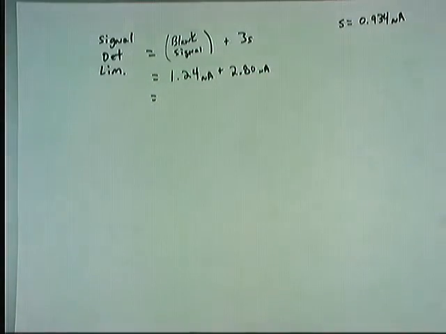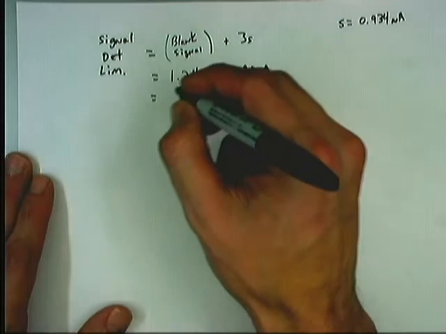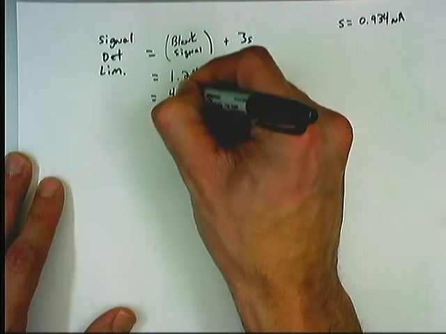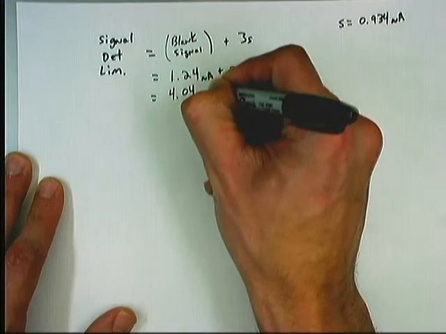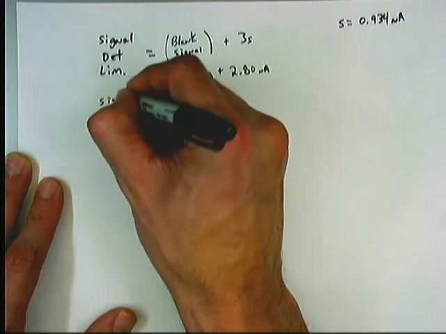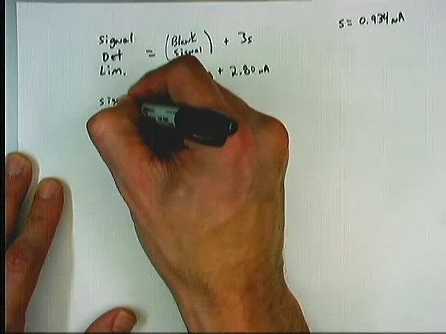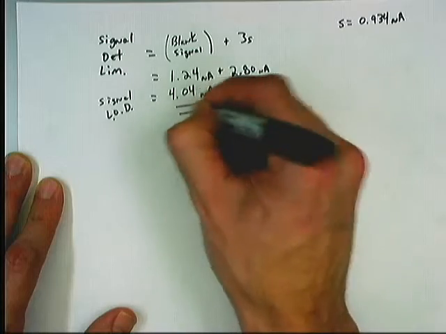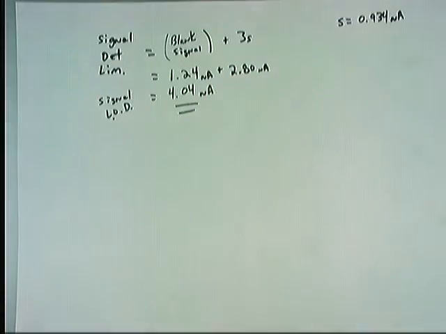So to generate my answer then, I've got to add these two numbers together. I'll break out my calculator and do that real fast. I find that my signal LOD was 4.04 nanoamps.